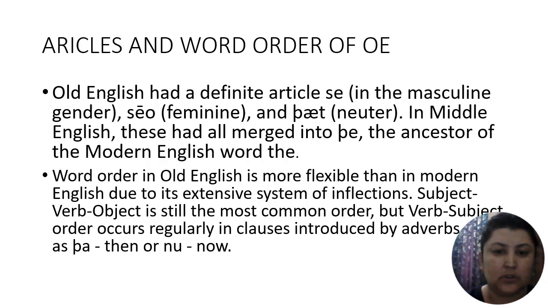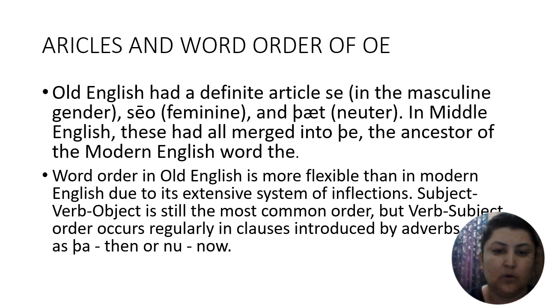Articles and word order of Old English. Old English had a definite article: se in the masculine gender, seo in the feminine, and thæt in the neuter. In Middle English, these had all merged into the ancestor of the modern English word the.